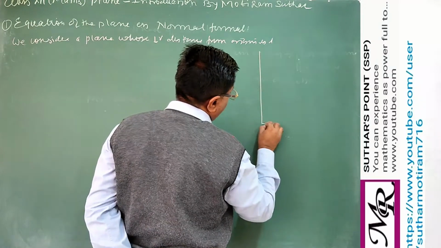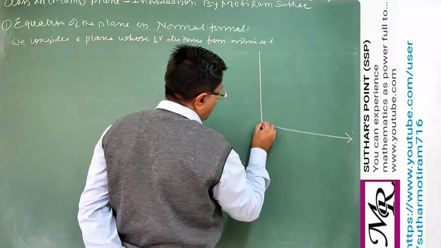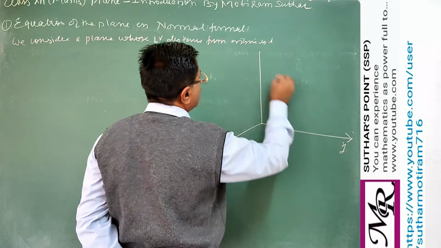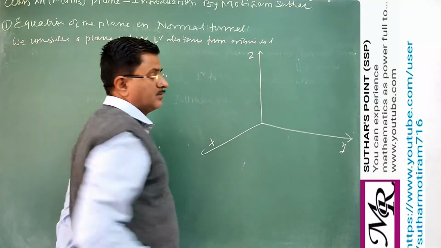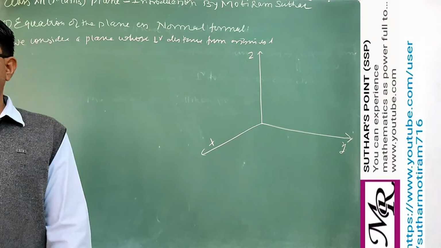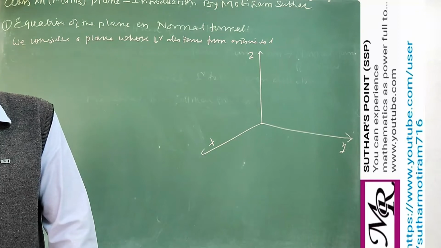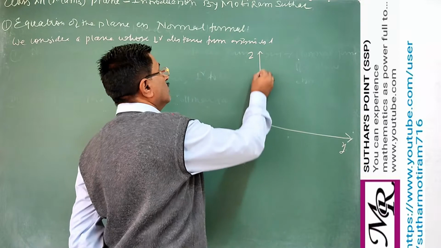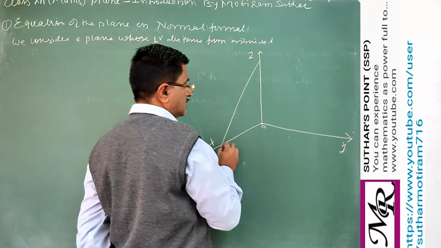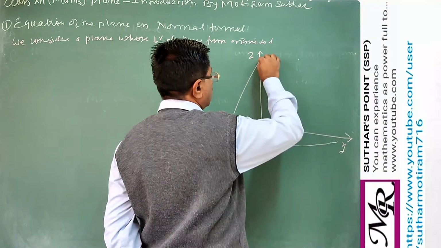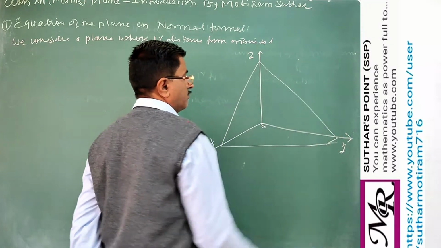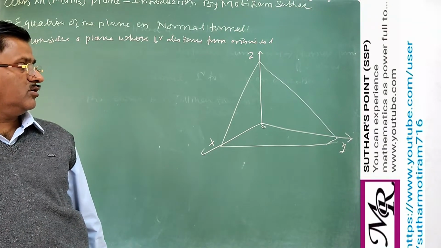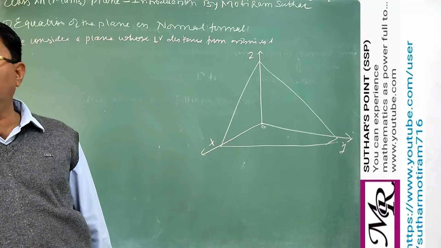For the plane, as usual, we are considering the three-dimensional coordinate system, with three axes, the x-axis, y-axis and z-axis, intersecting at the point O. Now we take this as a plane, a blackboard or a paper or a page of a notebook or book, any plane you can take.